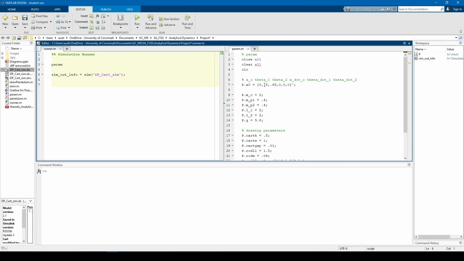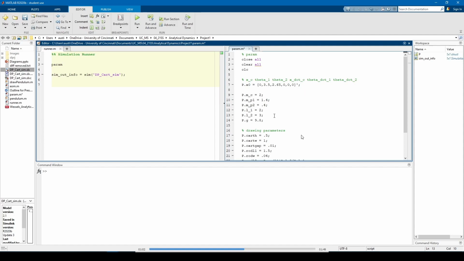Okay, so now we're going to change some of the initial conditions and some of the parameters for our pendulum. And so you can see here that we have a 3.5 radian initial position for the first pendulum and a 2.65 radian position for the second pendulum.